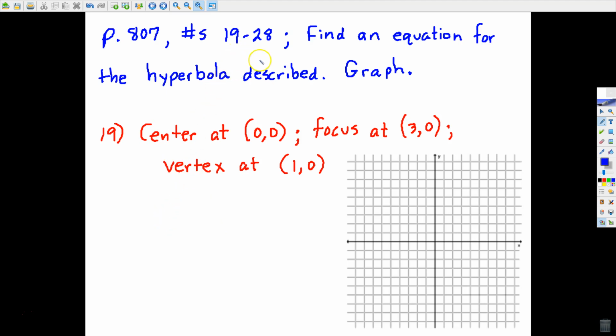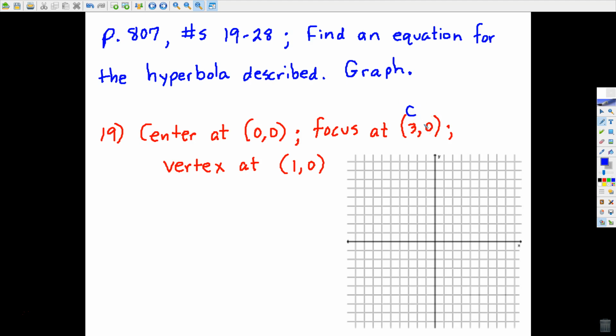So on problems 19 to 28, your job is to find an equation for the hyperbola described and then sketch the graph. Okay? So there are some similarities to what we discussed with ellipses. We can always label the focal point as c.